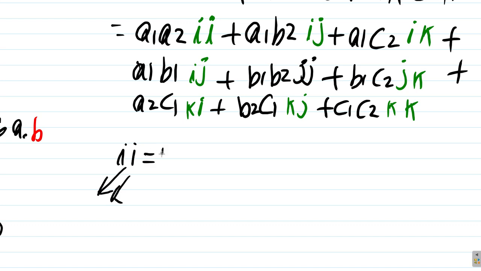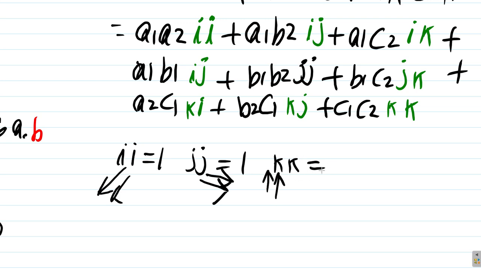So II amounts to 1. You see JJ, both of them are in the y direction. So JJ is also 1. It's the same direction. As for KK, same direction too. Both of them are pointing up in the Z direction. So that's 1.